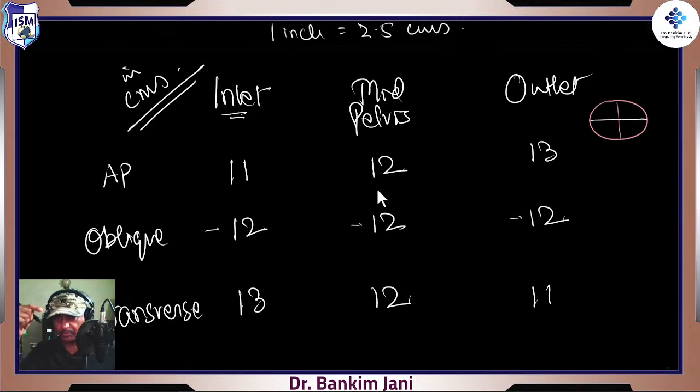But when it comes to the outlet, what is happening? There is a change in the shape. The AP diameter of the outlet is 13, so this is more, and this transverse diameter is less, right?